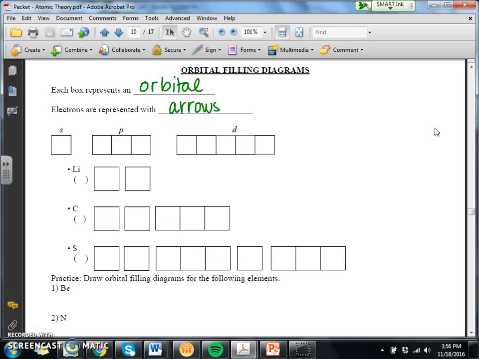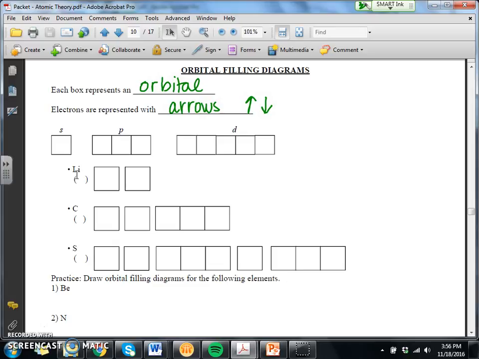These arrows can either be spin up or spin down. We talked about how the s sublevel has one orbital, so we have one box that can hold 2 electrons. The p sublevel has 3 orbitals, and the d sublevel has 5. And the f, which is not drawn here, could hold up to 7.